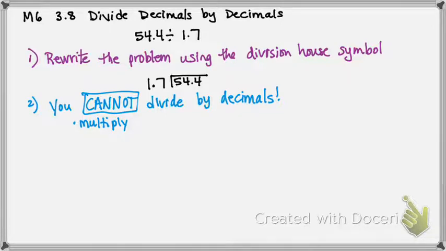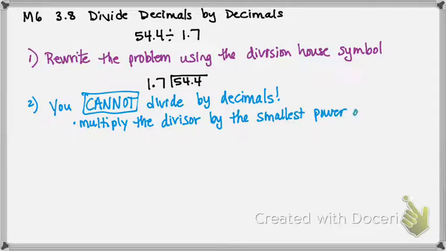So what we could do is shove it to the right. But shoving isn't a mathematical operation, so let's use the idea of multiplying. We're going to multiply the divisor, that's the guy in charge, by the smallest power of 10. So that could be 10, it could be 100, it could be 1,000.